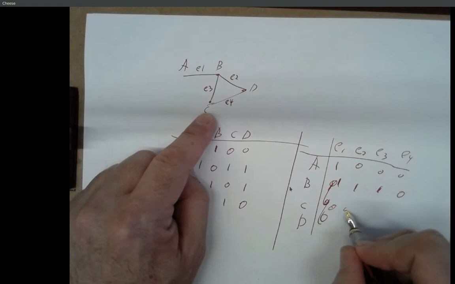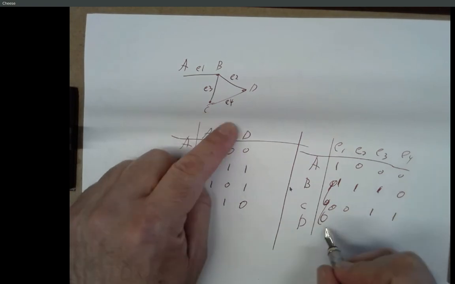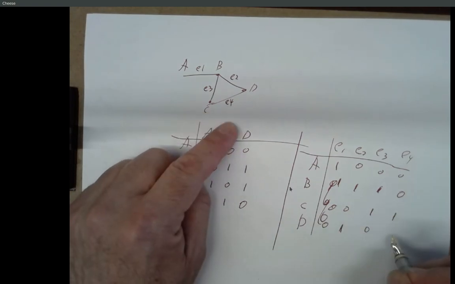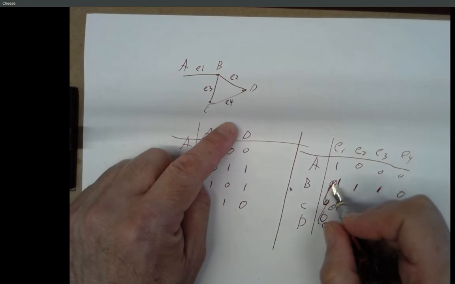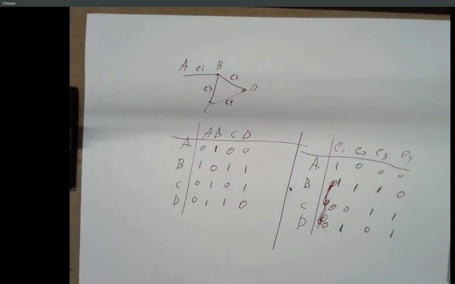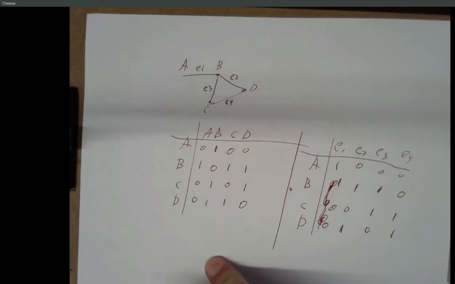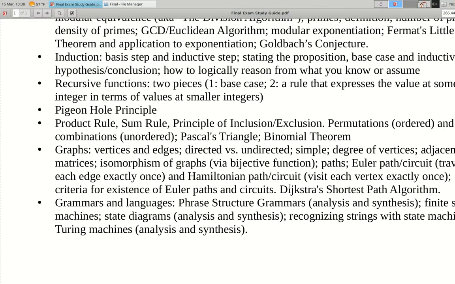C is incident with E3 and E4, and D is incident with E2 and E4. There are different ways of storing these things, say in a computer. Mostly the adjacency matrix is the one we typically go to. Isomorphism of graphs means that there's a one-to-one mapping from vertices to vertices that preserves adjacency.